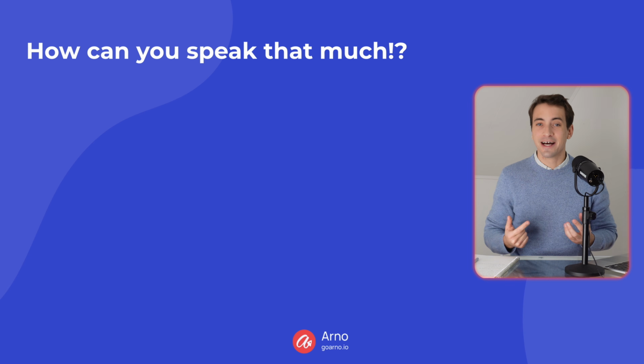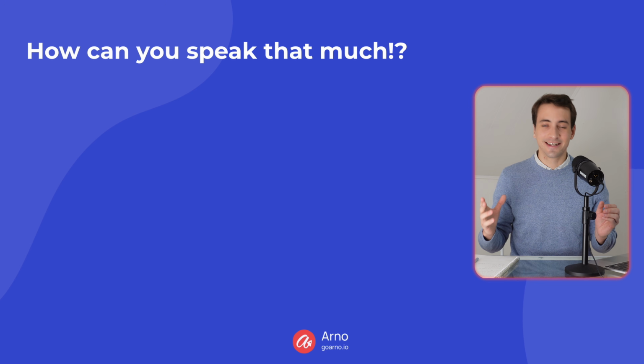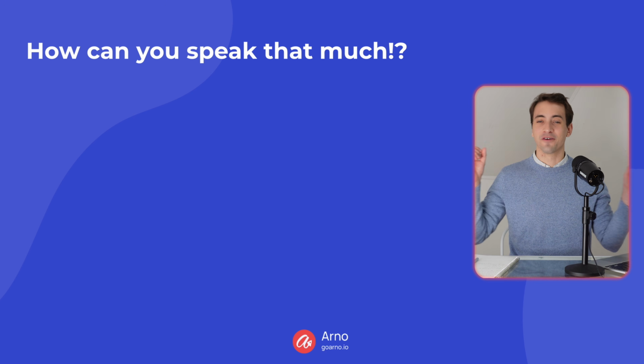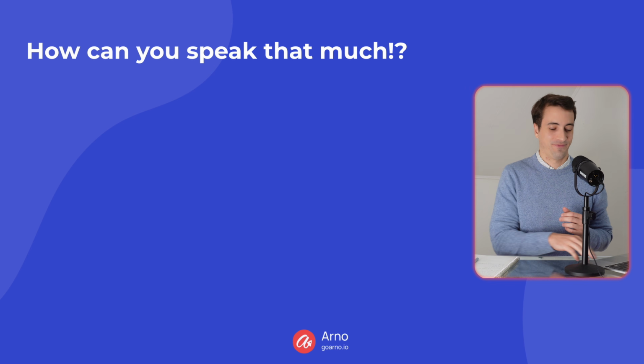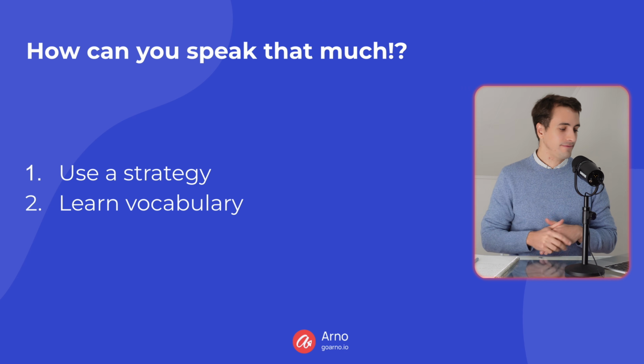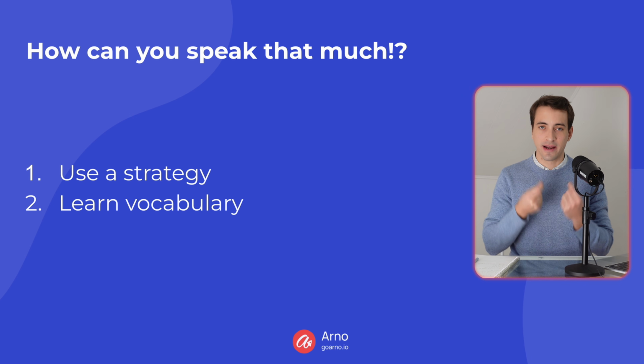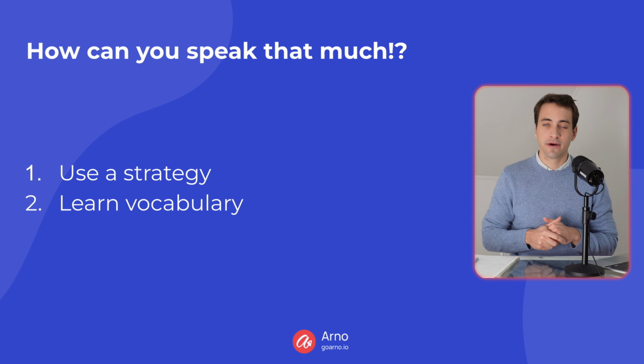Whenever I tell students that they should speak for about 100 words or 10 sentences for Speak About the Photo, their first question is, how can I speak that much? The first tip is to use a strategy. I'm going to teach you that strategy next. Second is to learn vocabulary. This is why in this course we have so many lessons about vocabulary that you can use when describing an image.